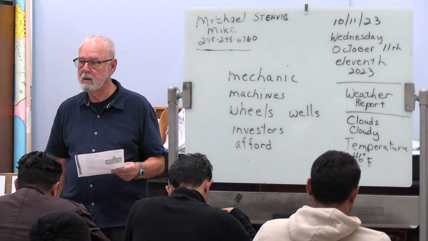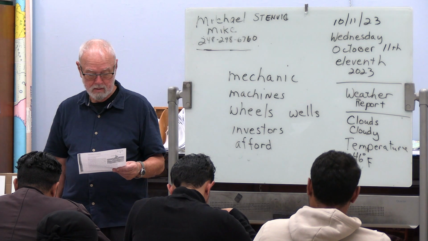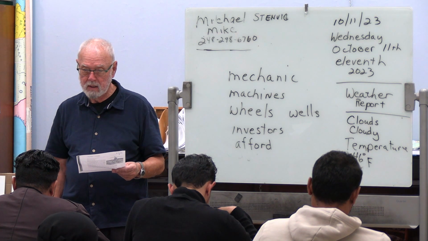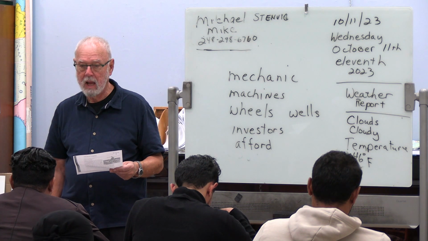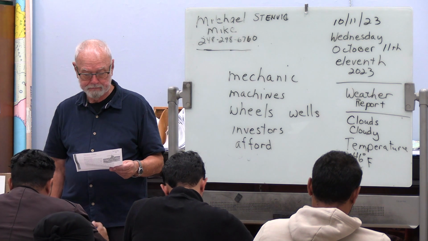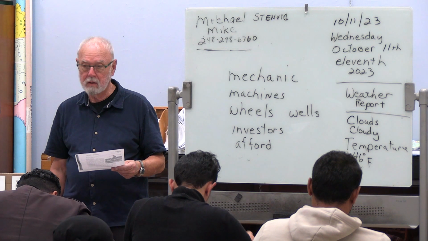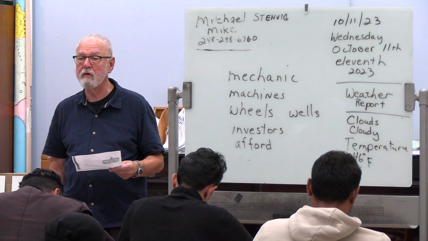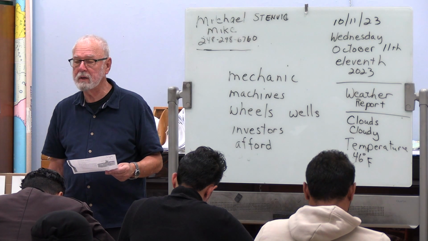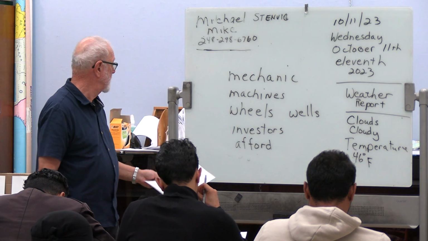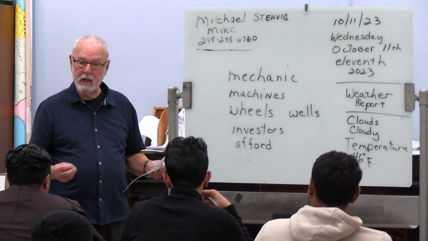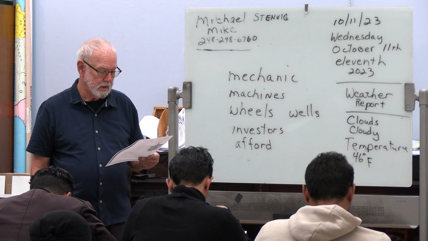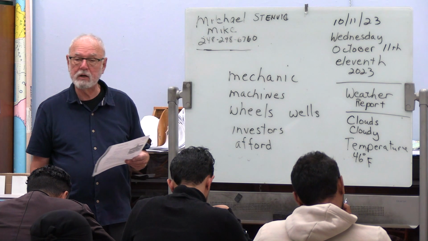A or B? A. Look up there and it says people could afford. What does afford mean? Enough money. Yes.